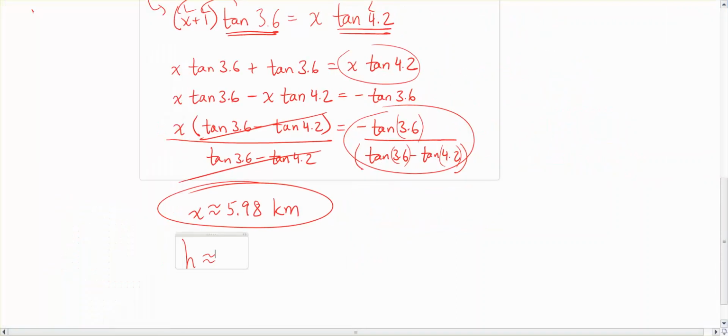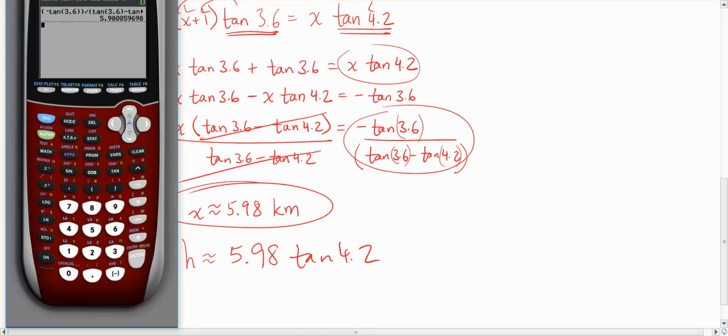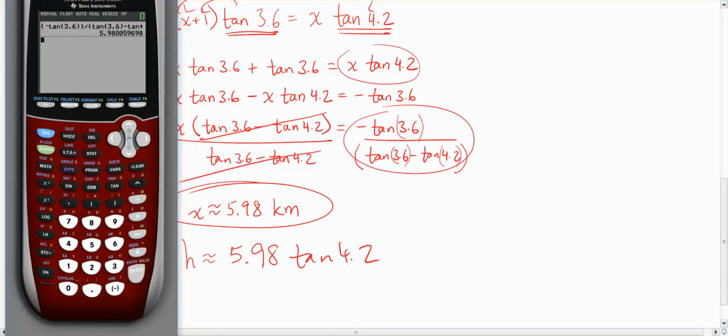Where's the red bar? There we go. H is about, what did I say? X, 5.98 times tan of 4.2. So let me type that in and see what we get. I'm just going to cut and paste that answer, hit enter, times tan 4.2.